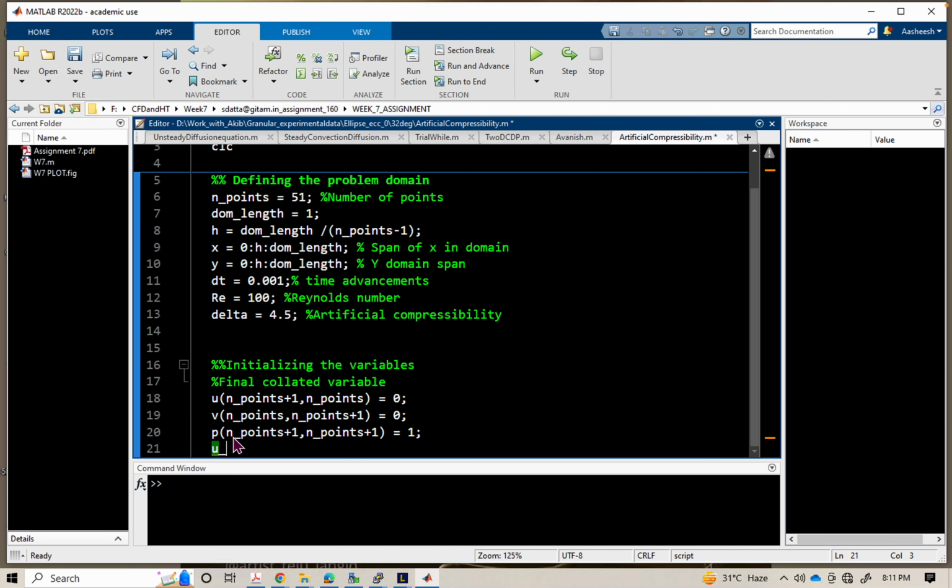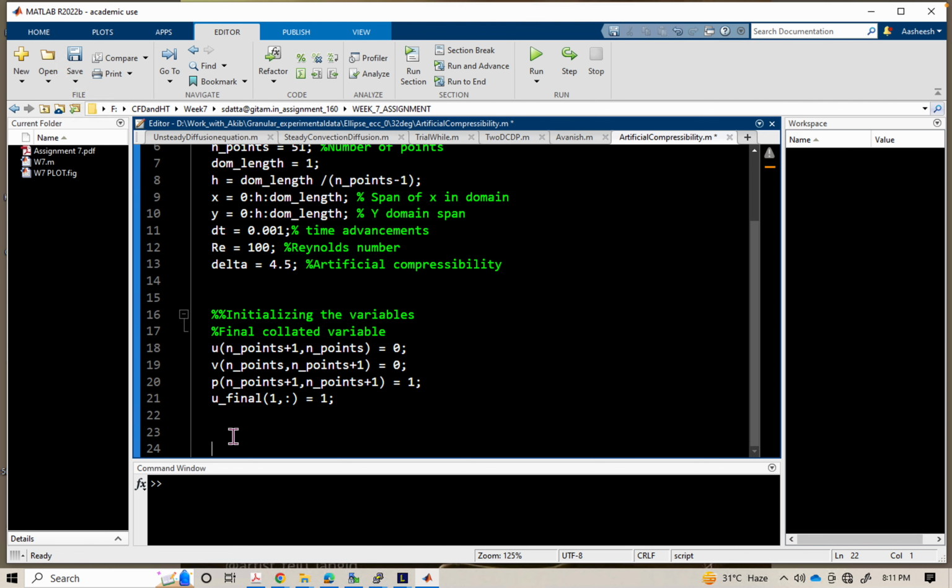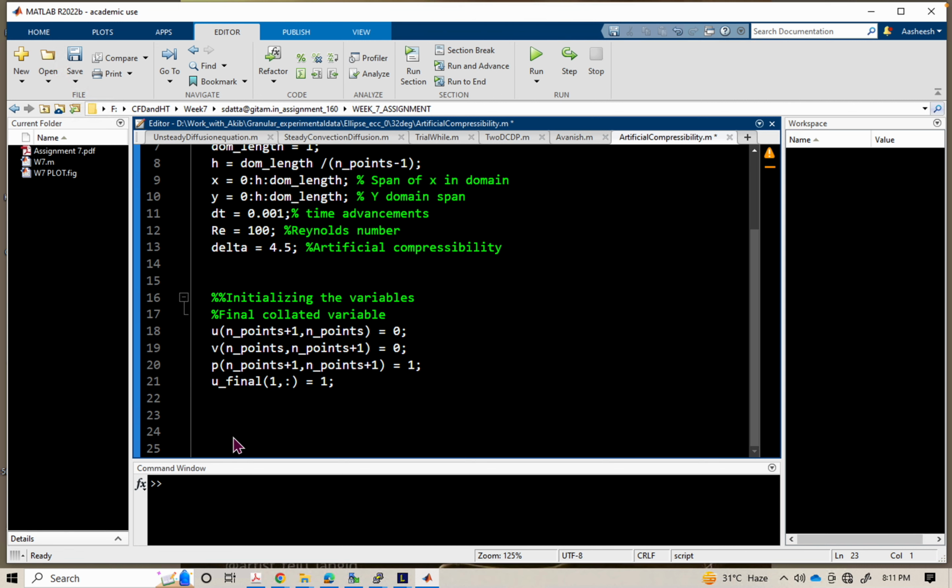Then u final is 1 comma all the columns will become 1. We are writing it as 1. And then let's write about the staggered variables. So we have two variables here, one is normal, one is staggered.